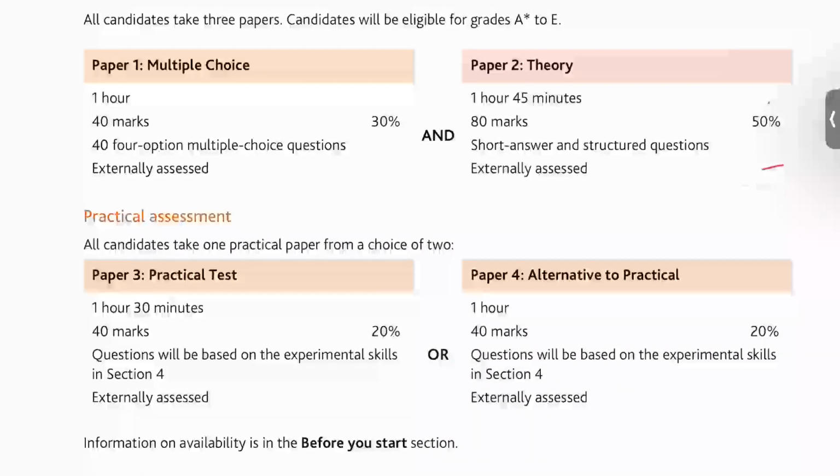So for every mark in this paper, you can spend a maximum of 1 minute and 20 seconds. Do not spend more than this. If you spend more than this, you're eating up the time that you should be spending on another question. If you spend 3 minutes on a 1 mark answer, that means you're losing 2 minutes that should have been given to another question.